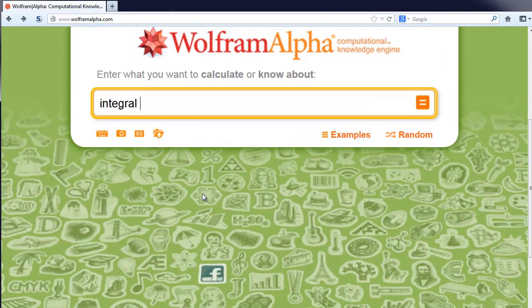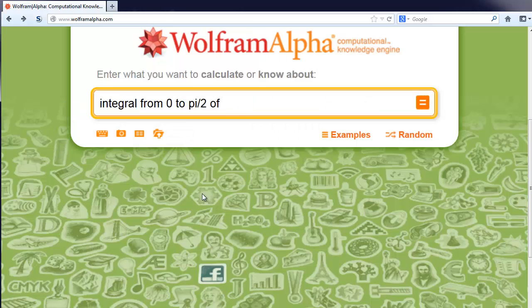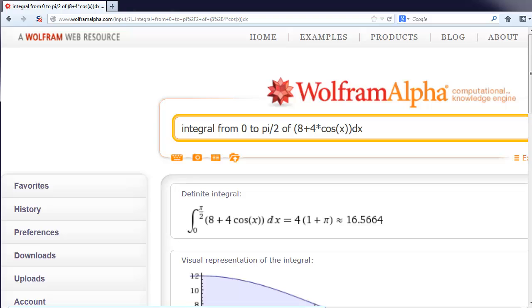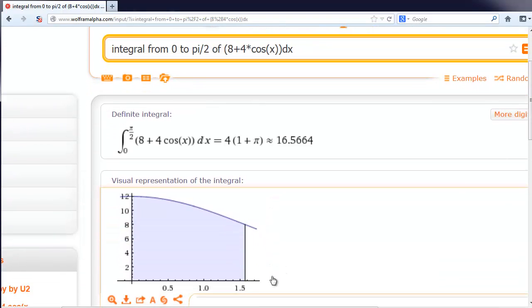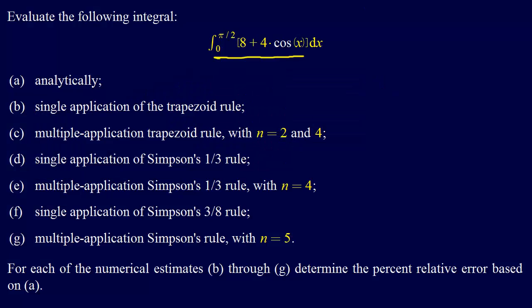The integral from 0 to pi halves of 8 plus 4 times the cosine of x dx. And we get an answer: 16.5664, exactly 4 times 1 plus pi. That is the answer to part A.